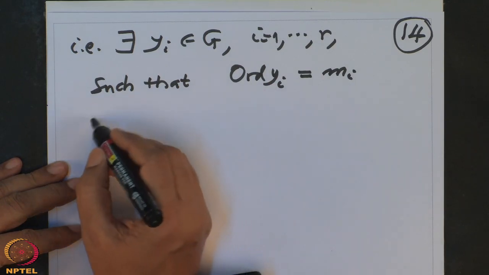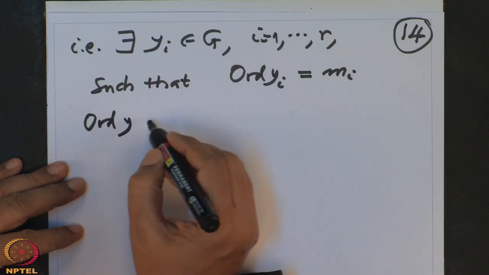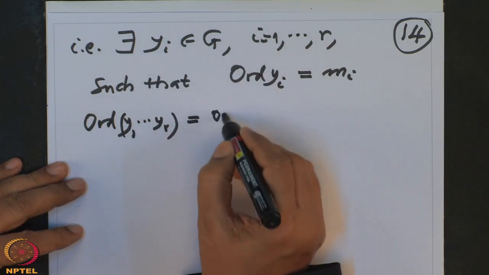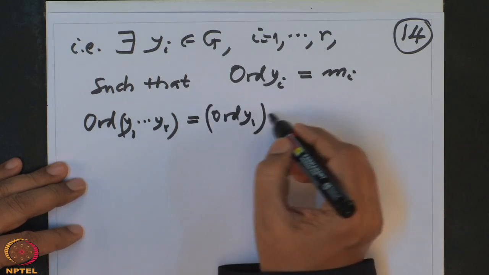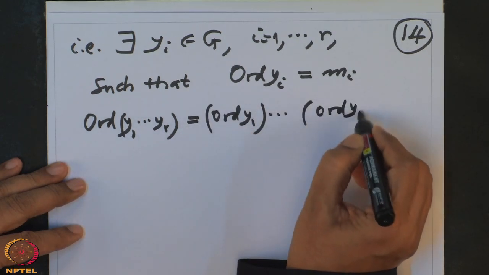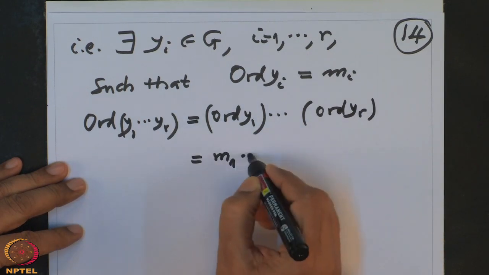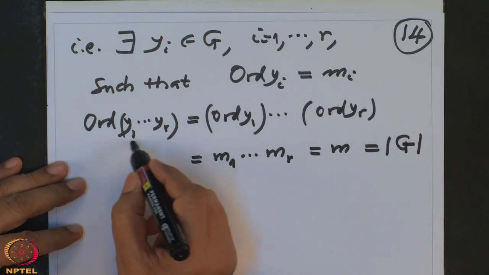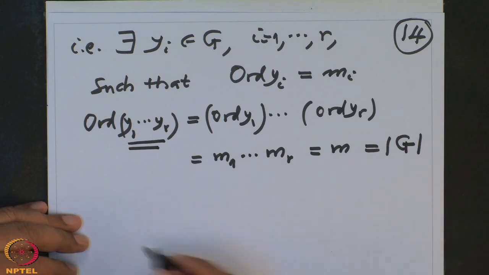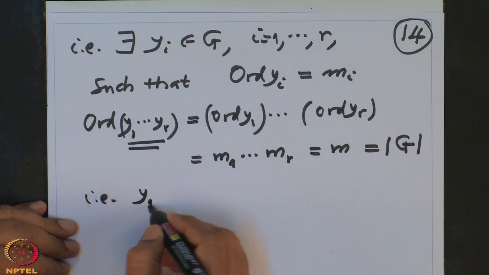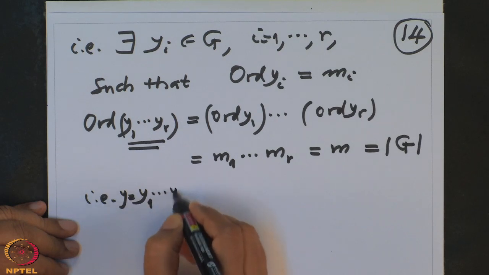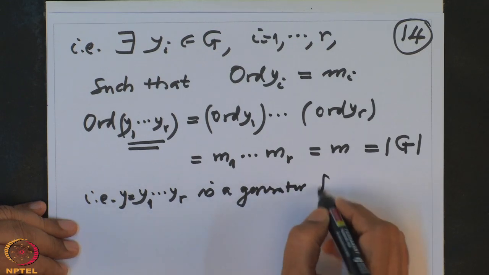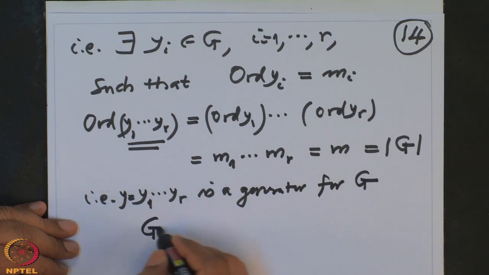Therefore the order of the product y1 to yr, as noted earlier, is the product of the orders of y1 to yr, which is m1 to mr, which is m, the order of G. Therefore this element y equal to y1 to yr has to be a generator of G. So G is cyclic.